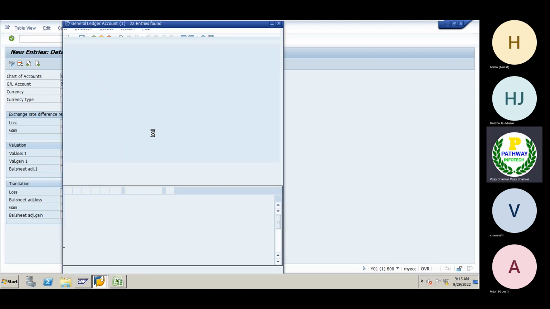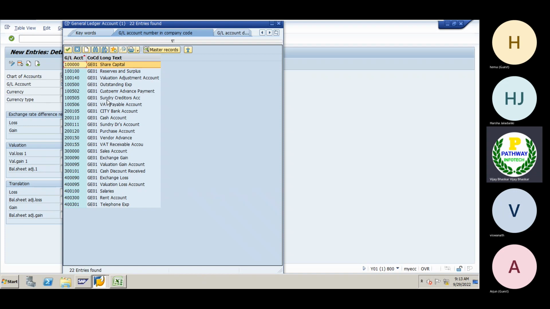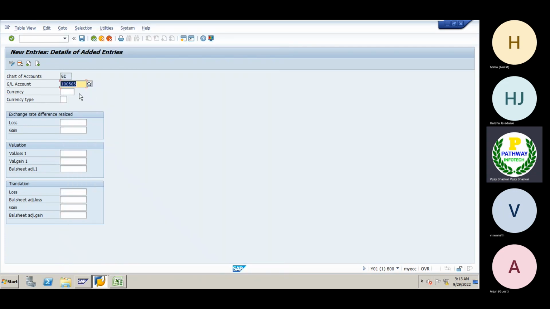The GL account is for sundry creditors. Sundry creditors is a liability. This is for vendors, remember. Then currency is not required. Then the loss account which I am going to give is the 400, because I have already mapped it for existing batches, so the system automatically proposes it. This is the exchange rate difference realized. For realized, these are the GL accounts.